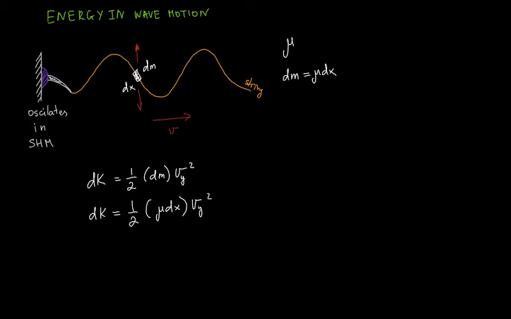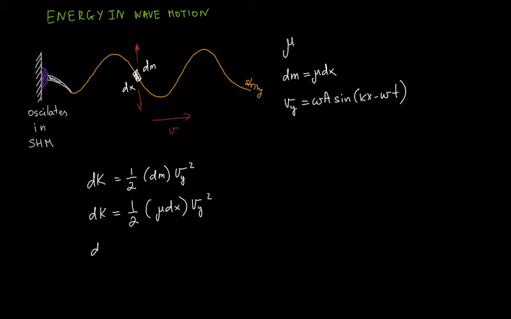vy squared. Now let's recall what we found for vy, the transverse speed. We derived it in an earlier video, and it equals omega A sine(kx minus omega t). I'm going to plug that in here.